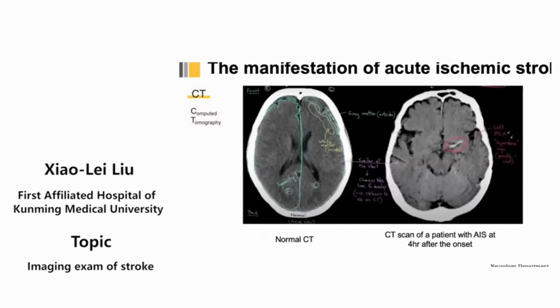Let's see the manifestation of acute ischemic stroke. The left one is a slide of a normal CT imaging. The upside is the front of the head. R refers to the right side, and L refers to the left side.